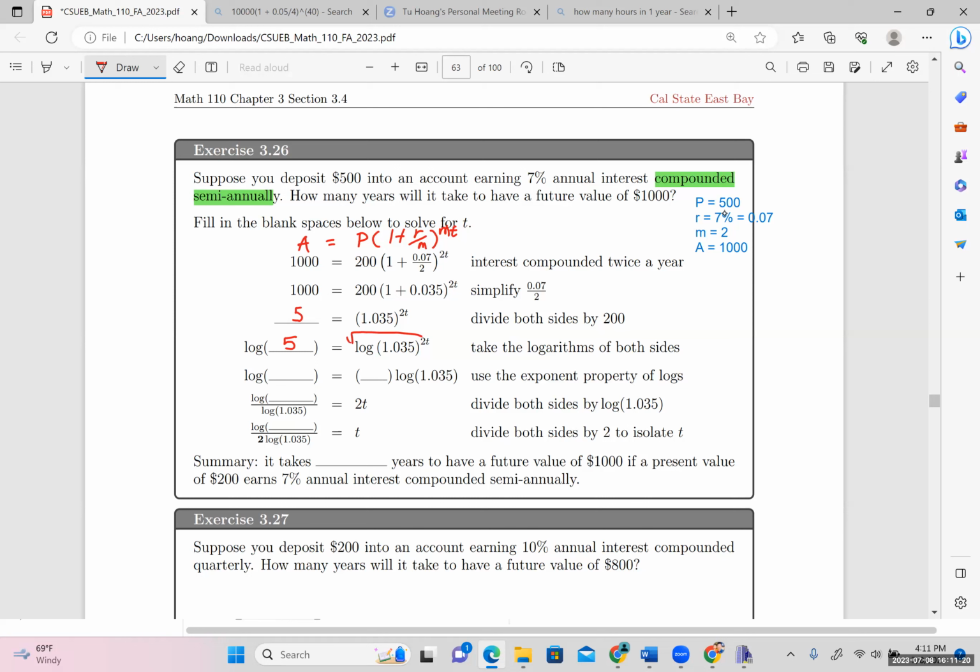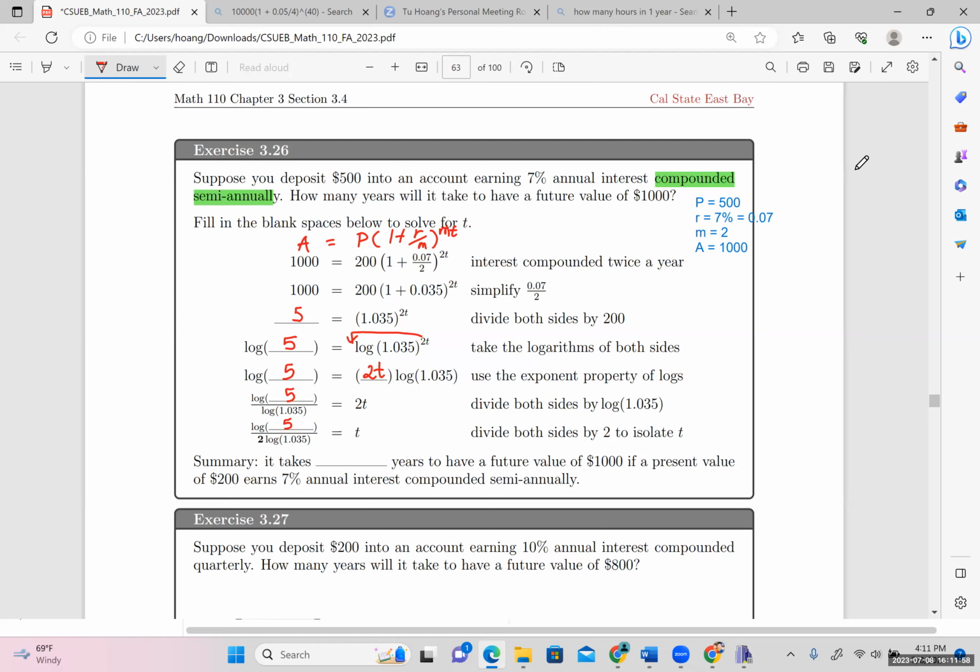So now I'm allowed to move this down. So log of 5 divided by log of 1.035 equals 2t. And I have log of 5 divided by 2 times log of 1.035.